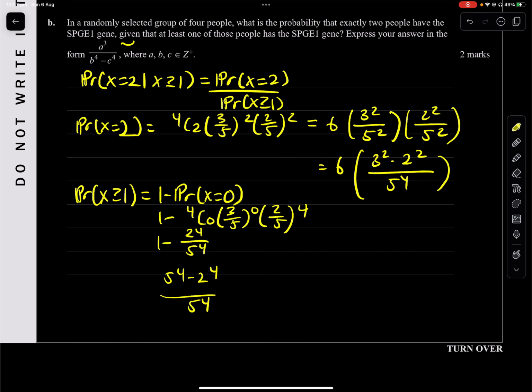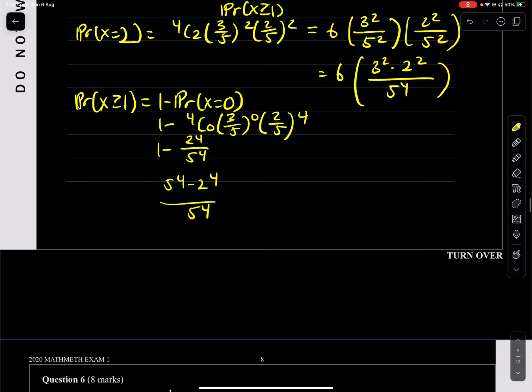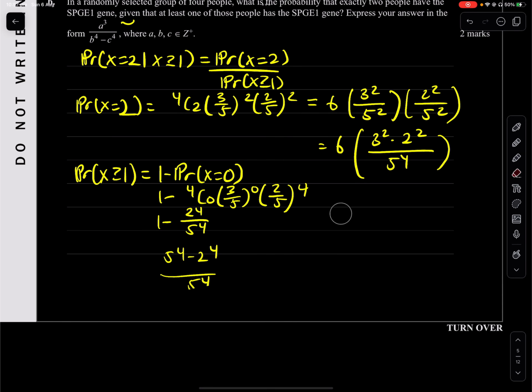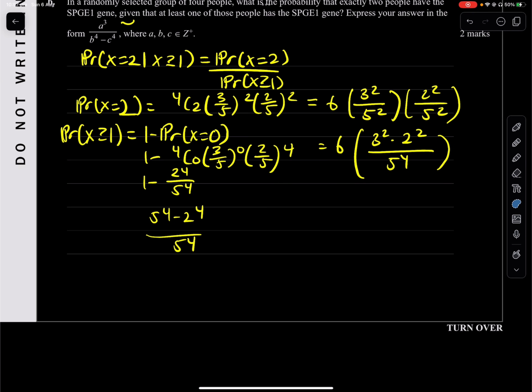And we have to divide both of them, so, oh, it's so ugly, whatever. Such a mess for that question.